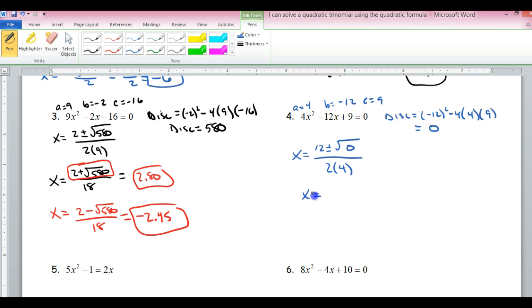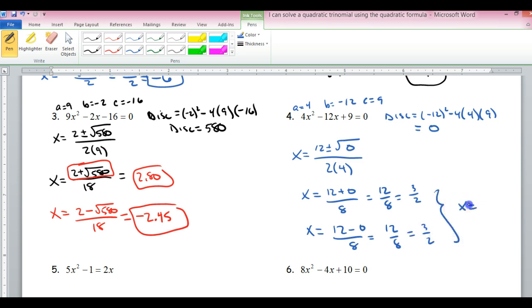But you notice here, when you break up your two problems, you get 12 plus 0 divided by 8, which gives you 12 over 8, which reduces to 3 halves. But even if you do the subtraction up top, 12 minus 0 divided by 8, you get the same answer. But you only have to write it one time. So this quadratic will only have one solution.